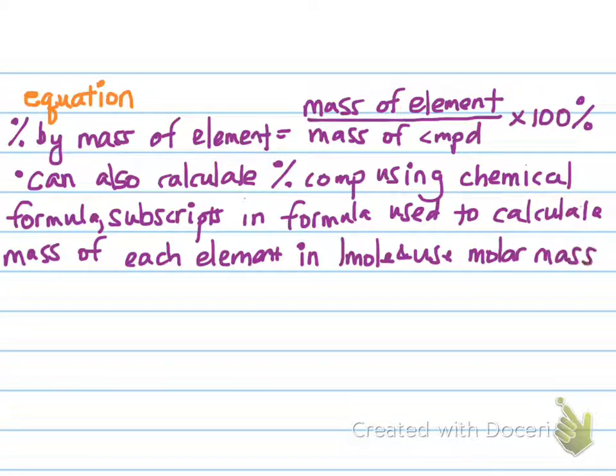So remember, you've learned about molar mass already, right? That's the mass in grams per mole of your substance, and to figure out a molar mass, you have to have a chemical formula.